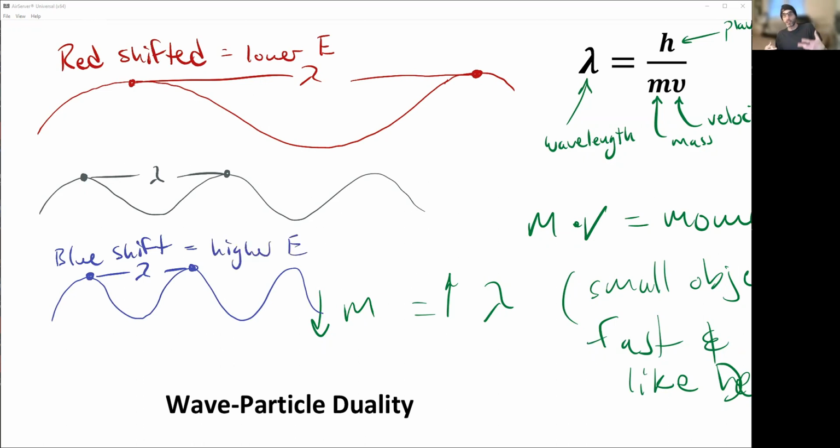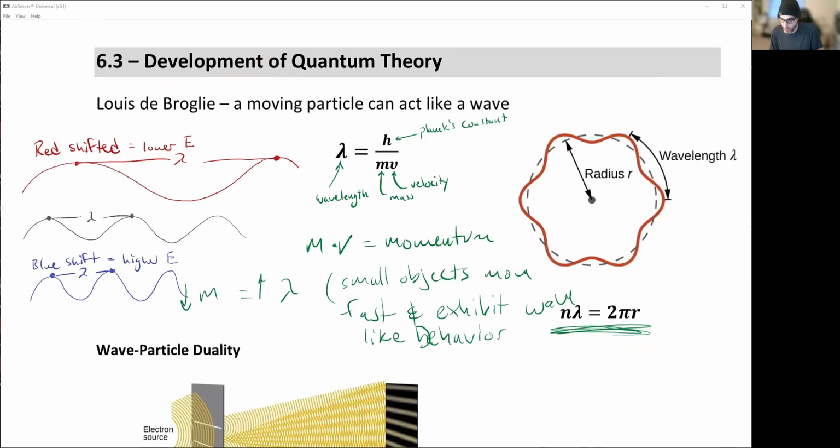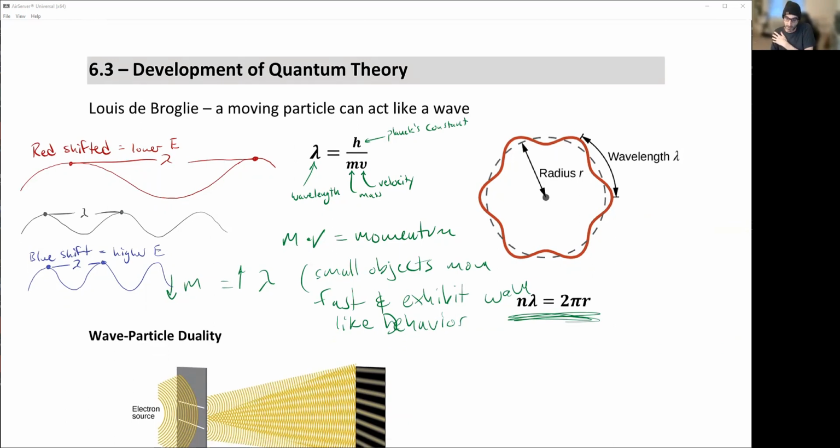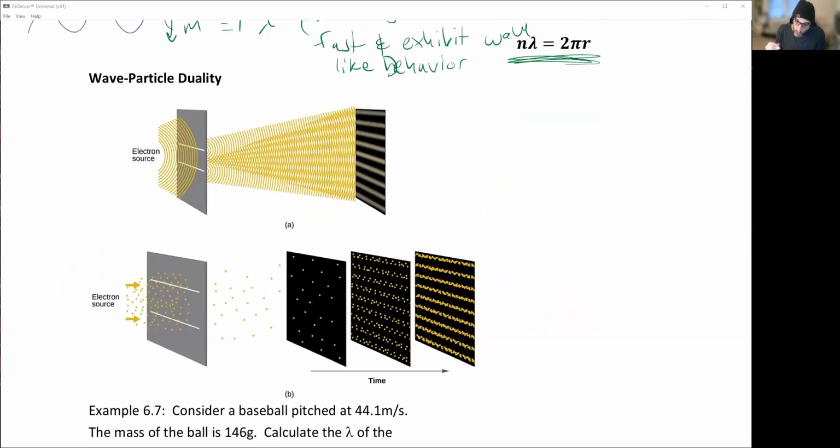So if you ever hear the term, oh, something is red shifted or blue shifted, it has a lot to do with the Doppler effect. But blue shifted, red shifted, that's how we know the universe is expanding, because the light from further stars is actually red shifted because it's moving away from us, so it looks like it's a longer wavelength.